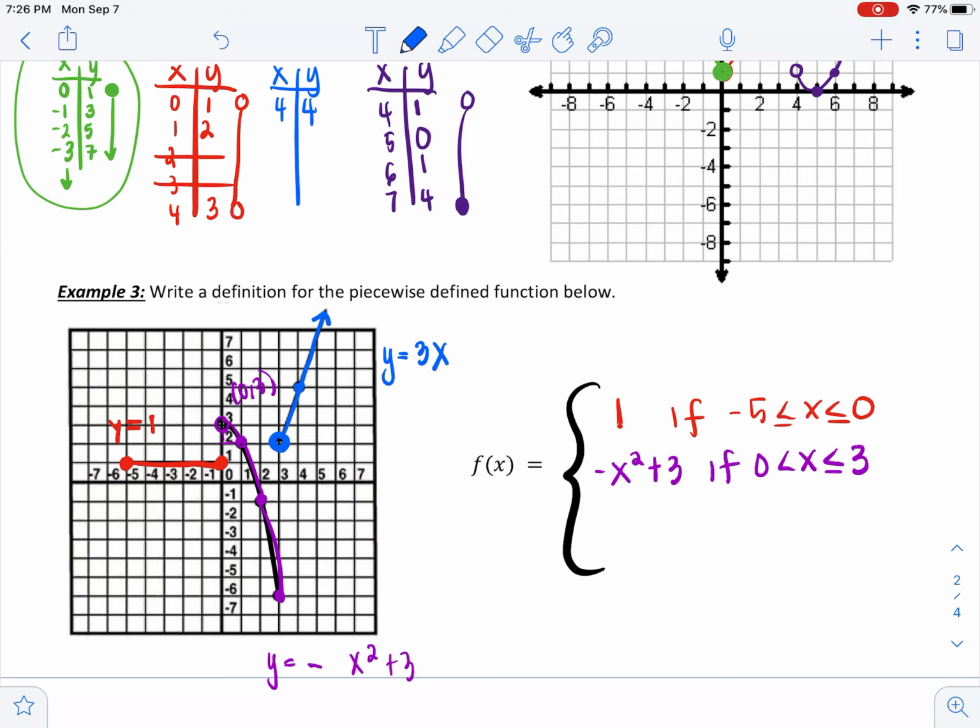So from this open point right here, I'm going to go down 3, left 1. Down 3, left 1. Down 3, left 1. And I finally hit the y-axis. I can see that I hit at -7. So this is the line y equals 3x minus 7. And that goes from 3 to infinity. So that's for if x is greater than 3.